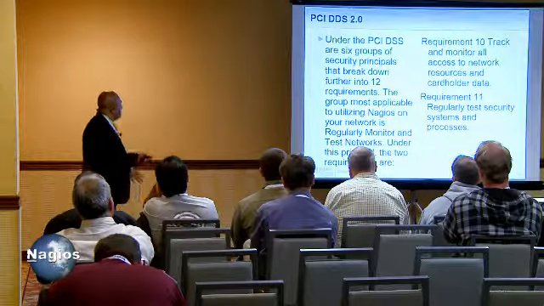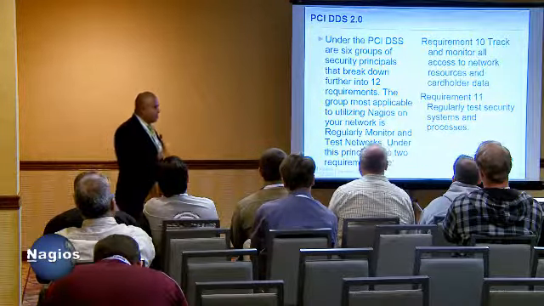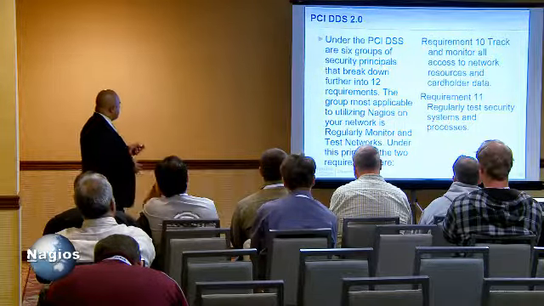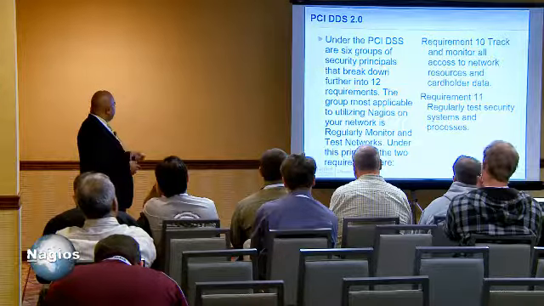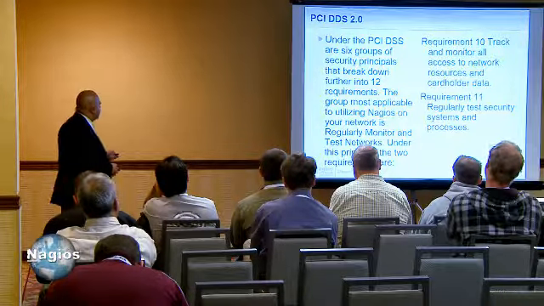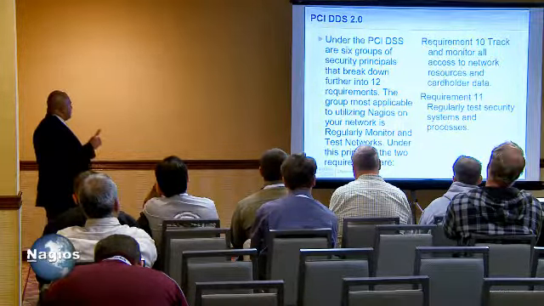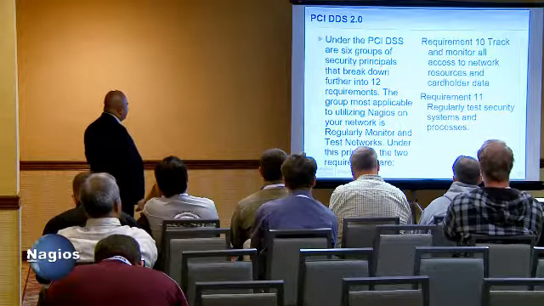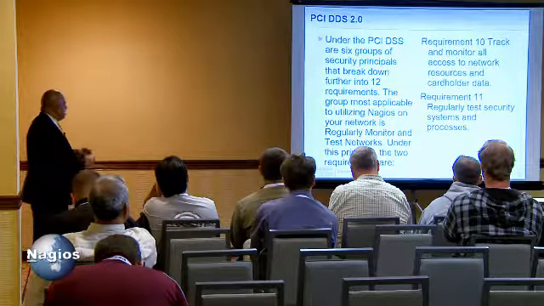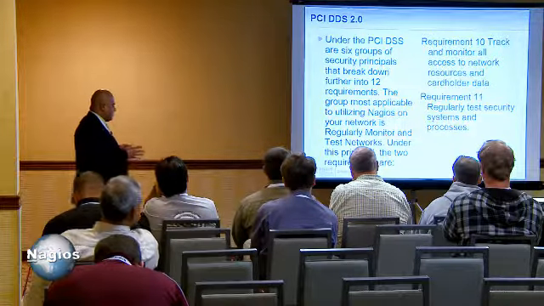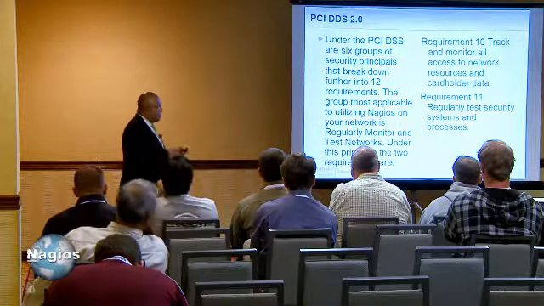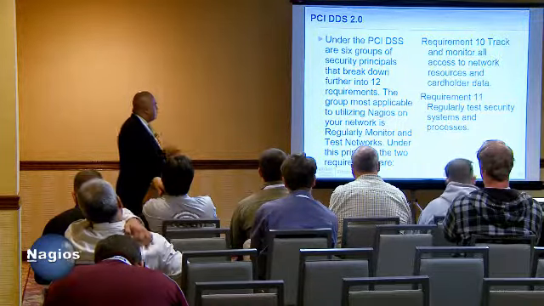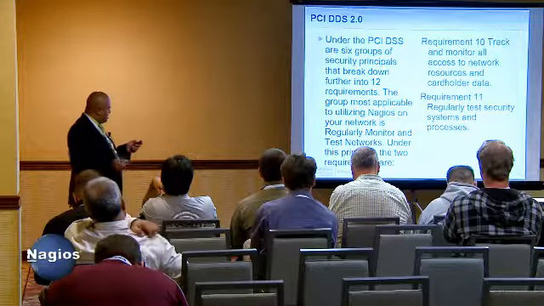PCI is the most common standard for credit cards and debit cards. With PCI compliance, Nagios covers requirement 10: track and monitor all access to network resources and cardholder data, and regularly test security systems and processes. Nagios has system security checks, for example IDS, open ports, and others.